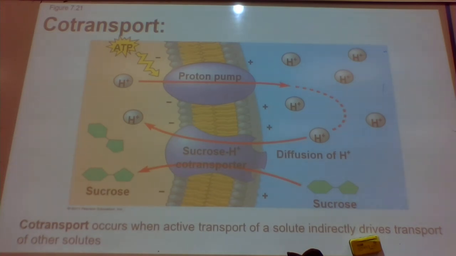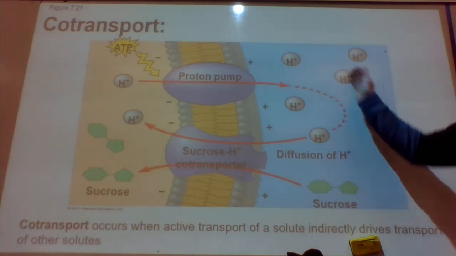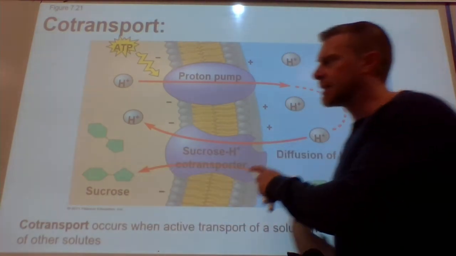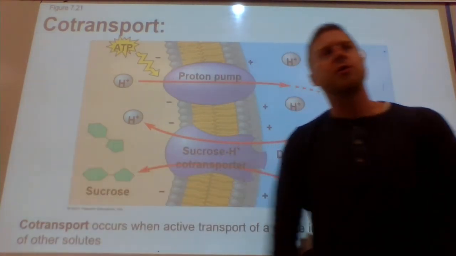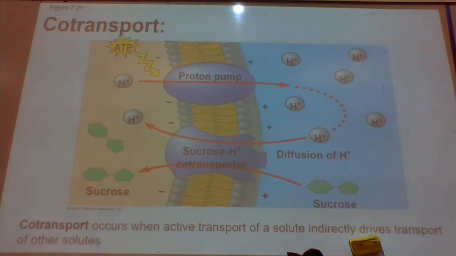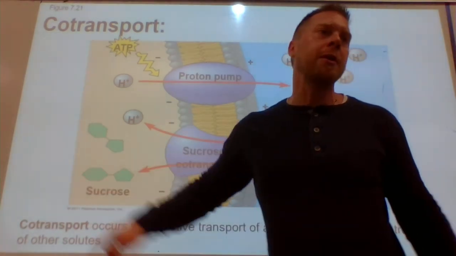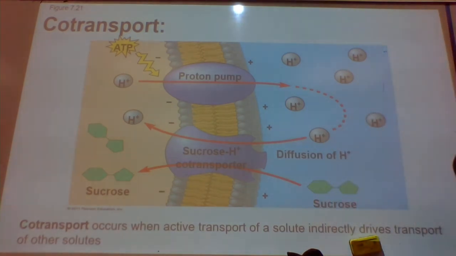So the protons going down their gradient, rushing into the cell, is actually being used to load sucrose into the plant cell. So the protons are going down their gradient, and that's pulling the sucrose up its gradient. And it's a way that plants use to load sugar into their cells.